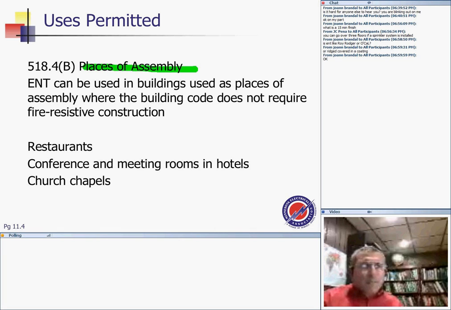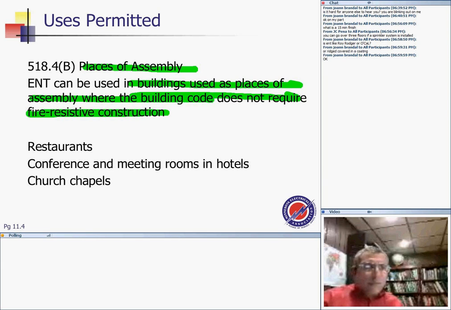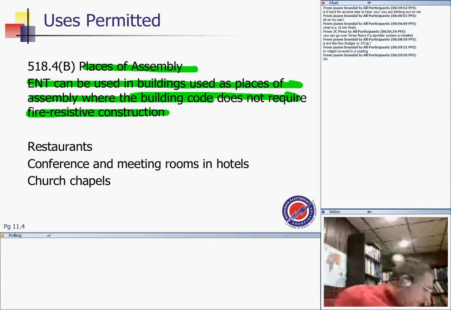Places of assembly. ENT shall be used in buildings used as places of assembly where the building code does not require fire-resistant construction. It's going to be my conduit of choice for places of assembly, but you're going to check that one, a big question mark on that one, guys.